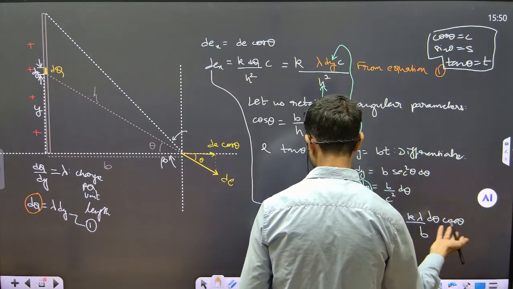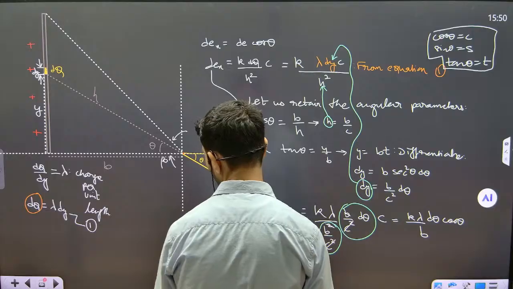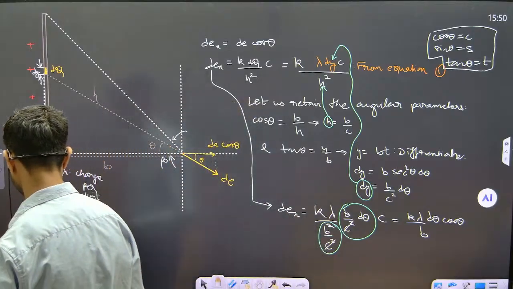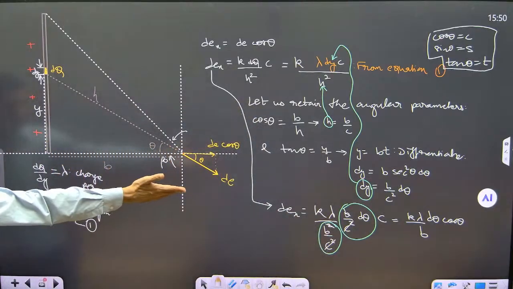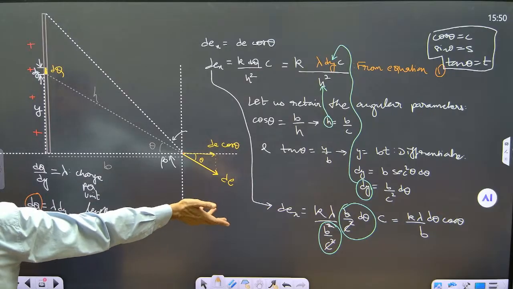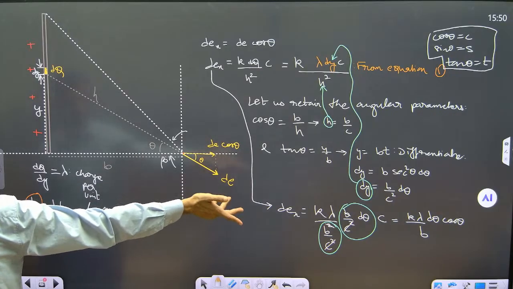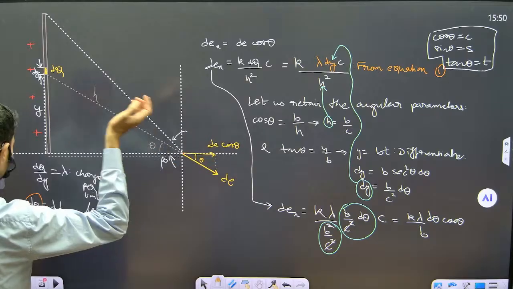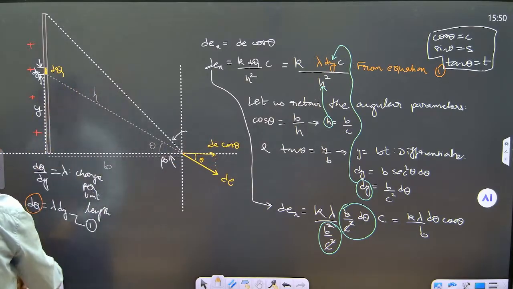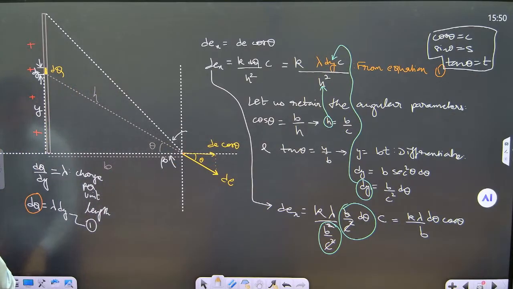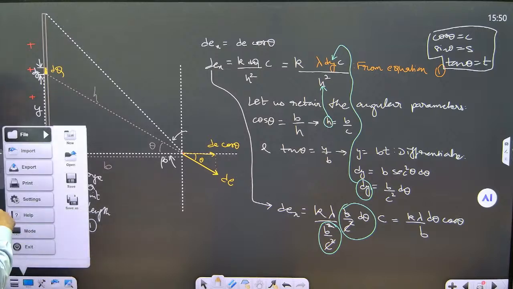And now it can be very easily integrated, right? So I'll save it as of now. We'll continue from here next time. It's almost done. You just integrate cos theta will become sin theta. Integration of cos theta is sin theta, and we'll get the x component, right? Then we'll get the y component tomorrow. We'll carry on from here. I don't want to rush and complete, so I'll rather save it as it is.